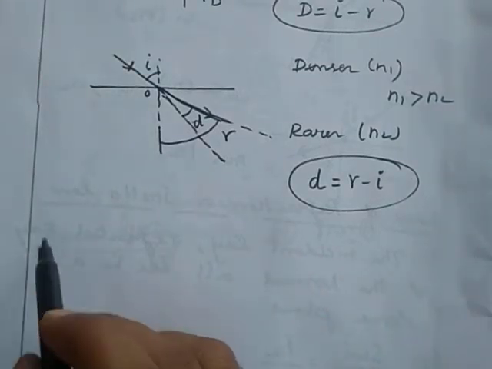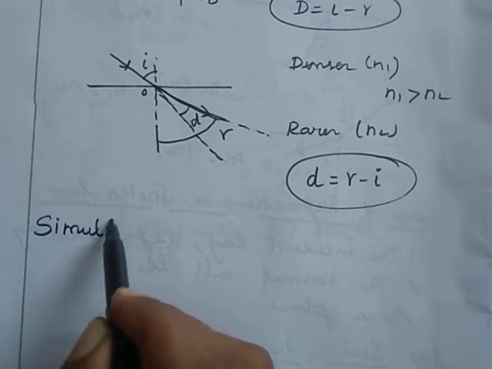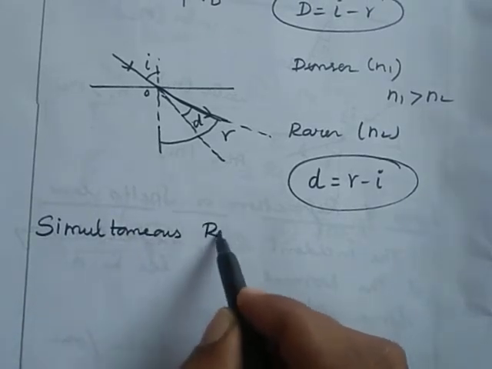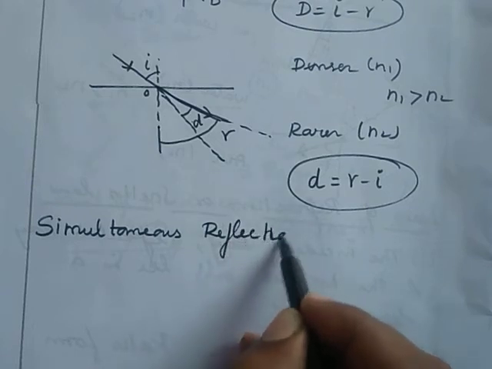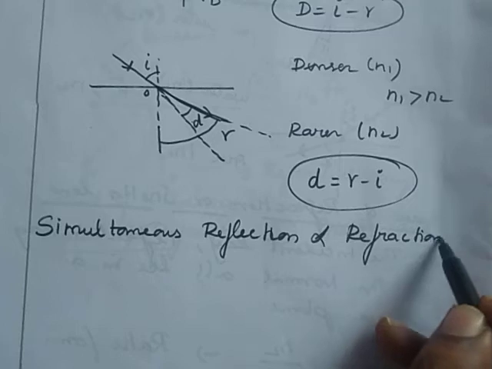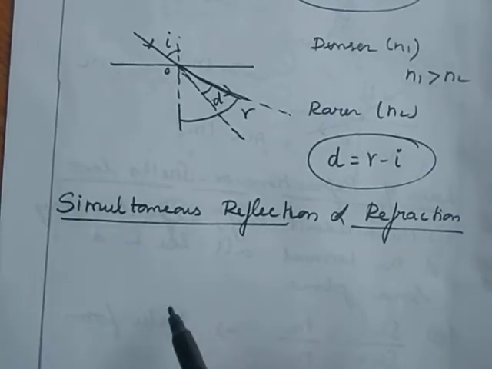Our next topic is simultaneous reflection and refraction. We have to know that for every refracting surface there will also be some reflection.